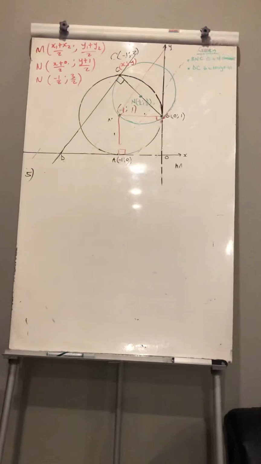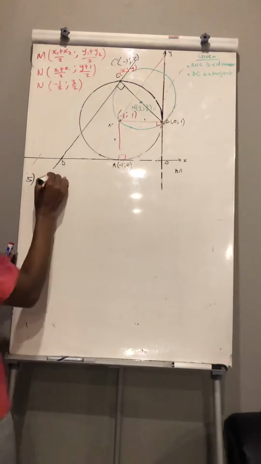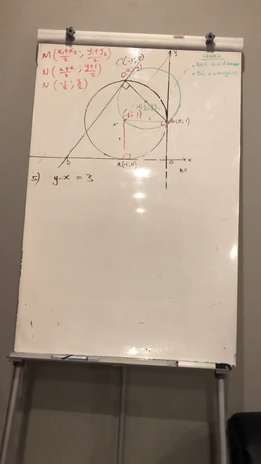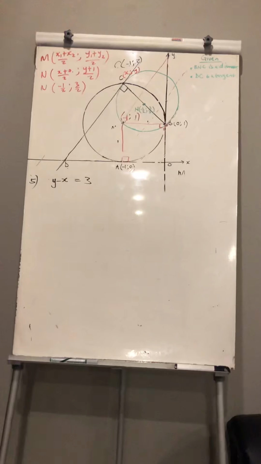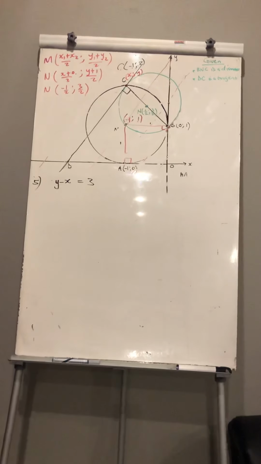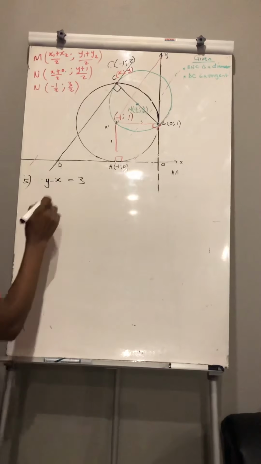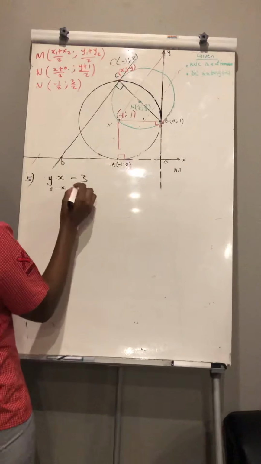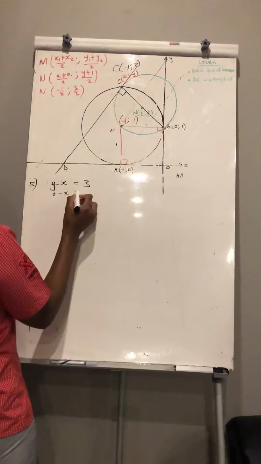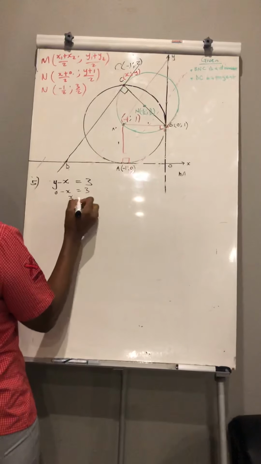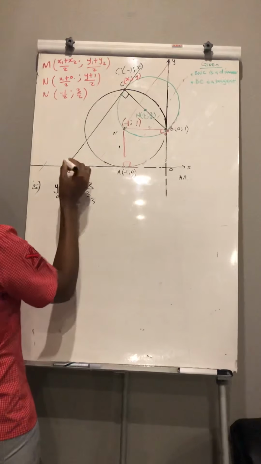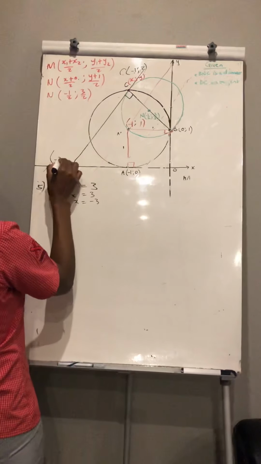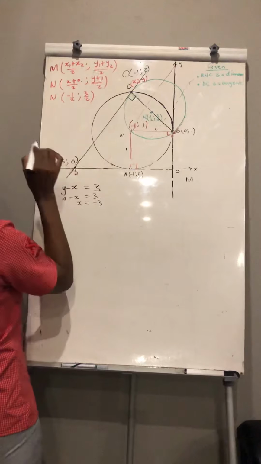We remember that the equation of CD was y minus x is equal to 3. We were asked to prove that that is the case in 4.3 right there, question 3 rather. So as you can see, at point D, y is equal to 0, so we can easily get the x value to be negative 3. So in this situation, D itself happens to be negative 3 and 0. Those are the coordinates of D.